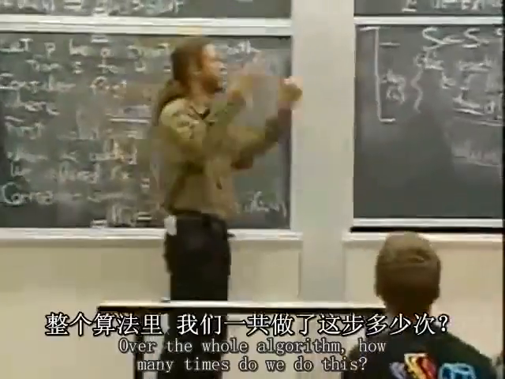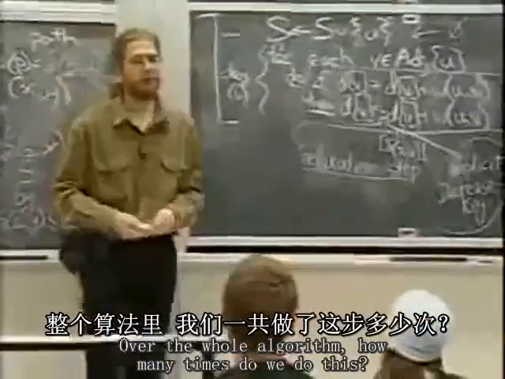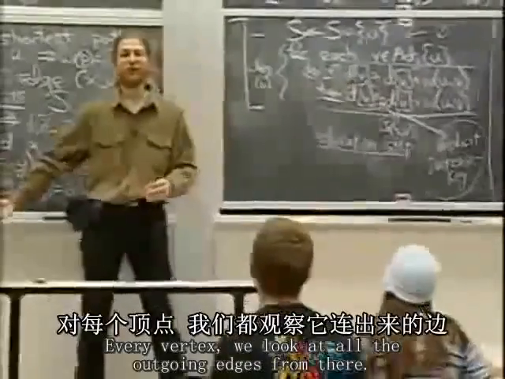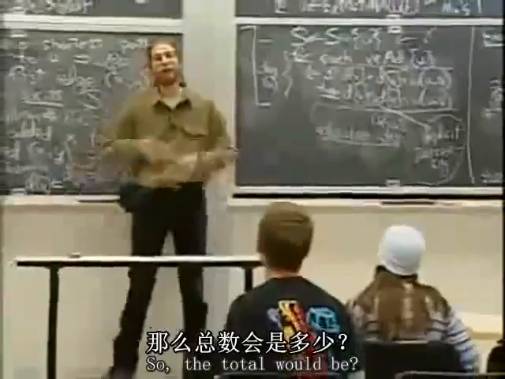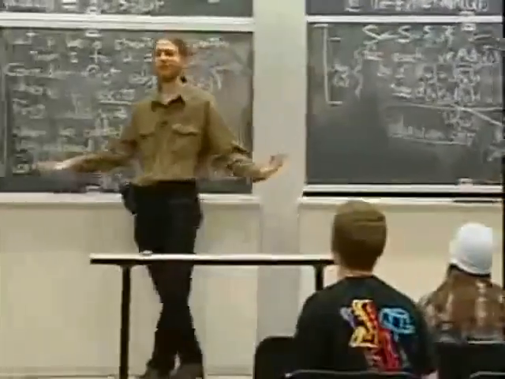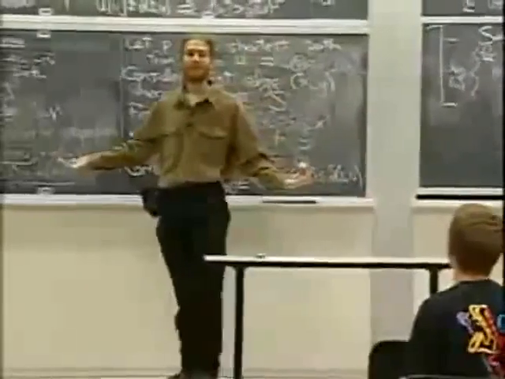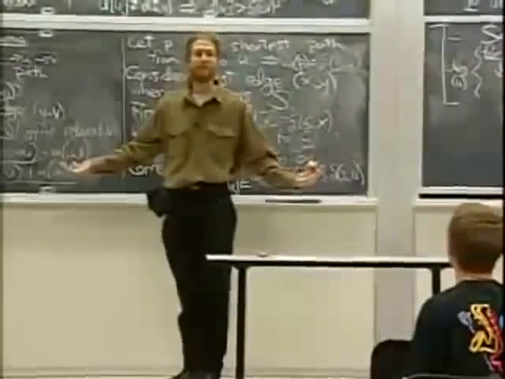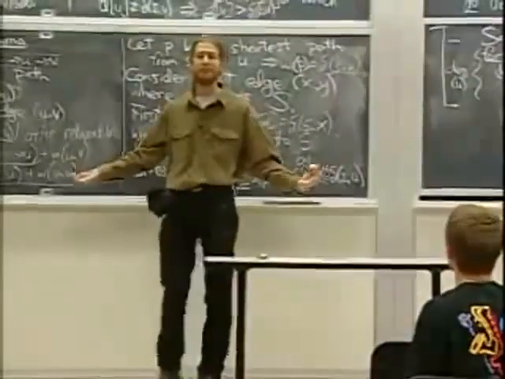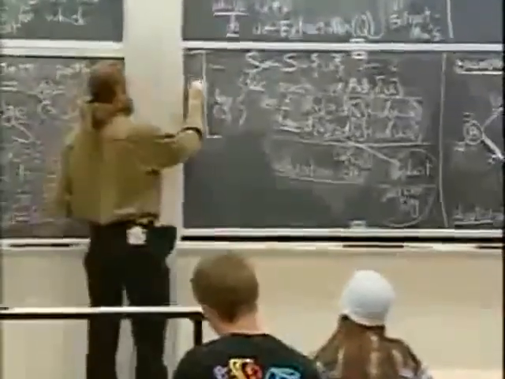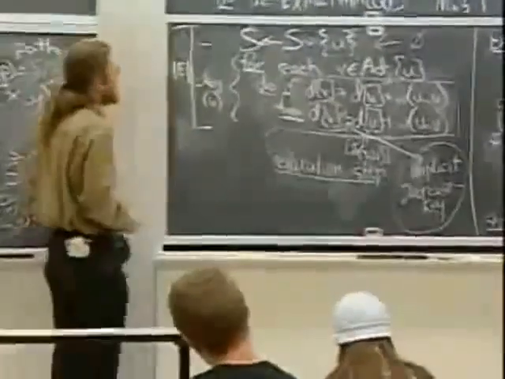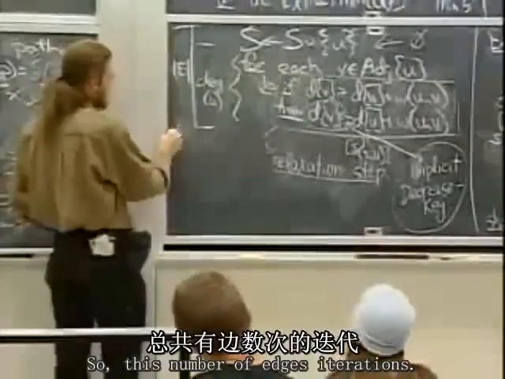Over the whole algorithm, how many times do we do this? For every vertex, we look at all the outgoing edges from there. So the total would be the number of edges. So this is number of edges iterations.